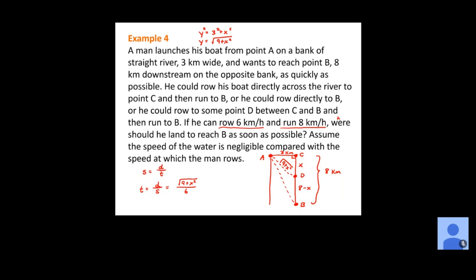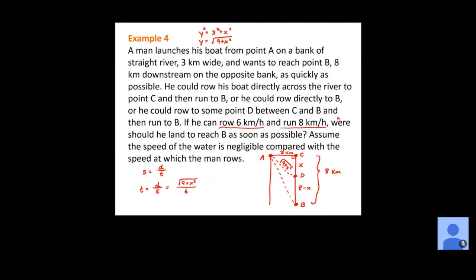Now, that's not all he's doing, though, right? He's also going to run down the opposite bank. So what are we going to have to do now? What's his distance down the opposite bank going to be?